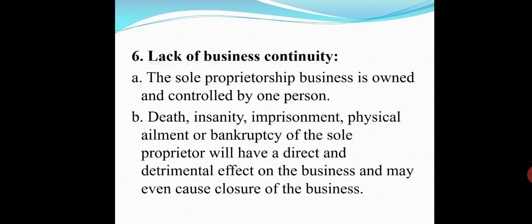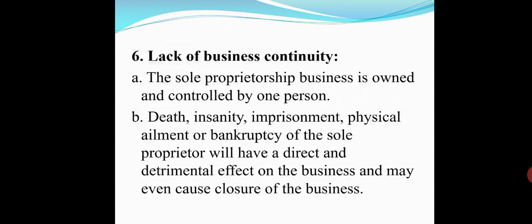Insanity means a mentally unsound person. Imprisonment means if you have done any illegal activities, obviously you have to face the future consequences. Then physical ailment, and bankruptcy is nothing but your liabilities are more than your assets.